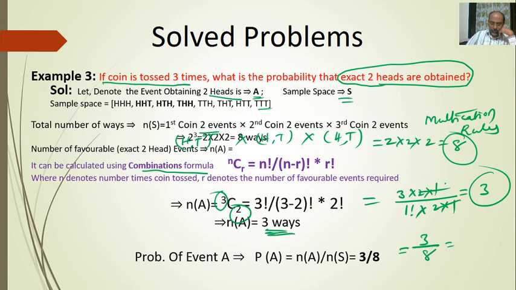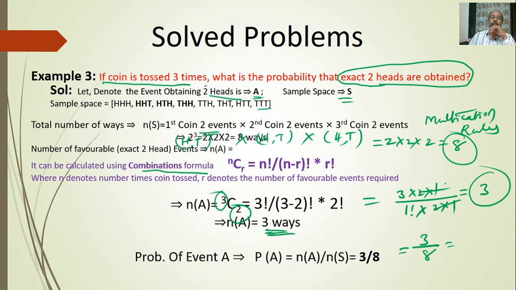So I'll explain this one once again so that you can understand properly. If a coin is tossed 3 times, each time the coin has 2 events, either head or tail. So then we are asking, what is the probability that exactly 2 heads are obtained?